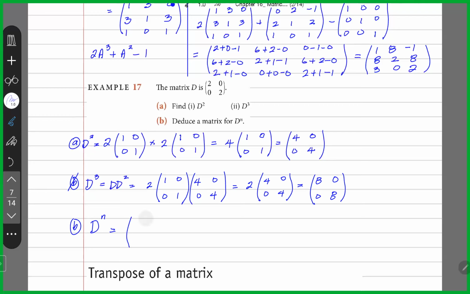D squared is 2 squared, 0, 0, 2 squared. D cube is 2 cube, 0, 0, 2 cube. So D to the n would be 2 to the n, 0, 0, 2 to the n.